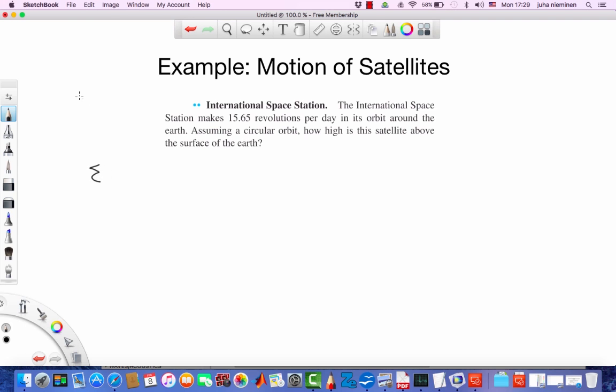Because the satellite is on a circular orbit about the center of the Earth, we can say that the net force equals m times the radial acceleration, v squared divided by r.